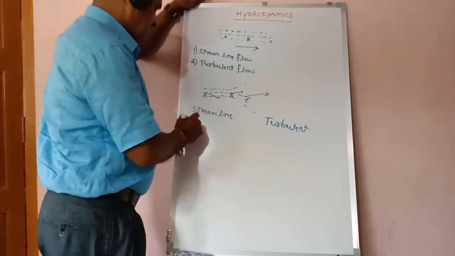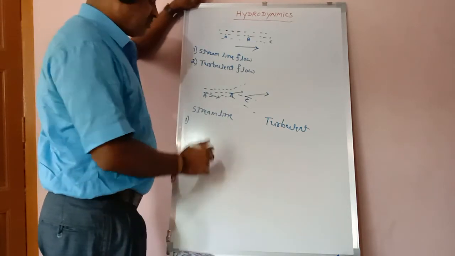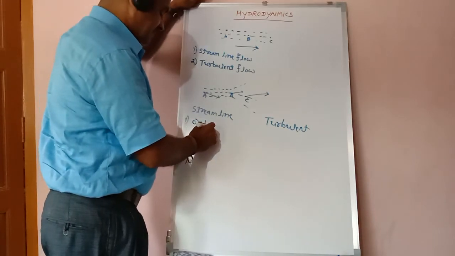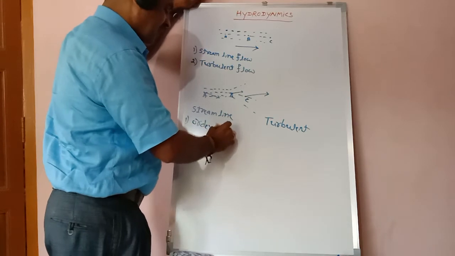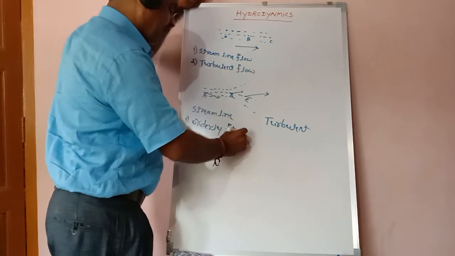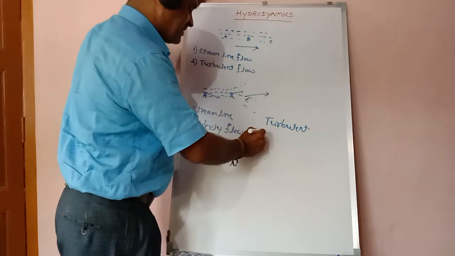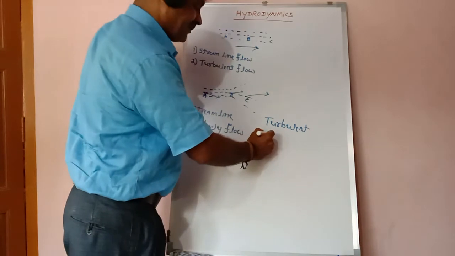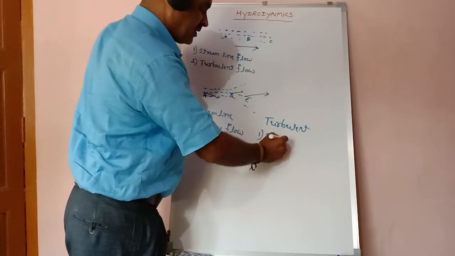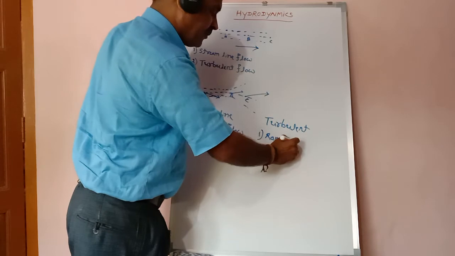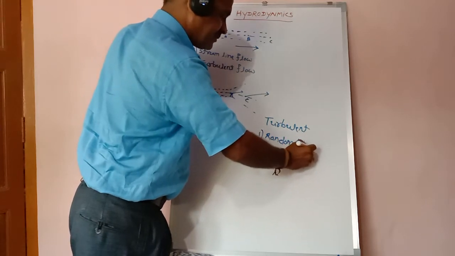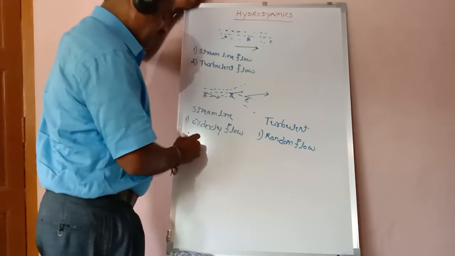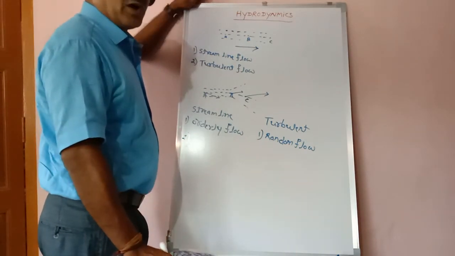The first one: streamline flow is the orderly flow of fluid, and turbulent flow is the random flow of fluid. And the second one: in streamline flow the velocity at different points is the same.